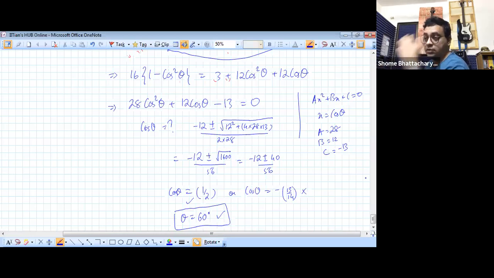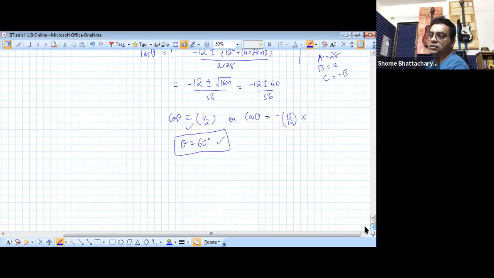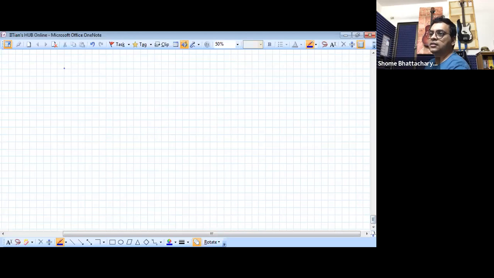No, that is not true, beta. Inverse of any angle is not the angle itself. Inverse का मतलब ये है कि the angle becomes the trigonometric function of that. So if we give an angle as, let's say, sine inverse of something, it means that sine of that angle is x. If we give an angle as tan inverse of something, it means that tan of that angle becomes that value.